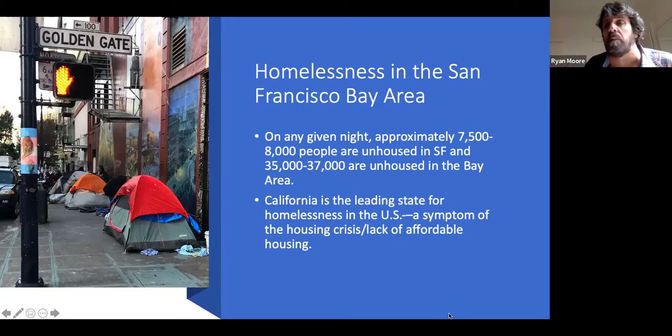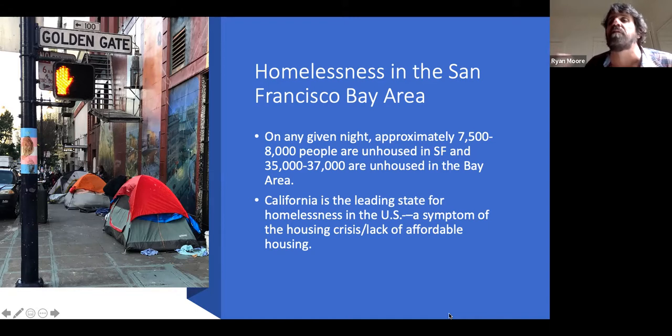Maybe they've been bought as an investment property or somebody's second home or something like that, but the vacancy rate is actually higher than the homeless rate in San Francisco and in Oakland and across the Bay Area. The problem isn't that we don't have enough housing.